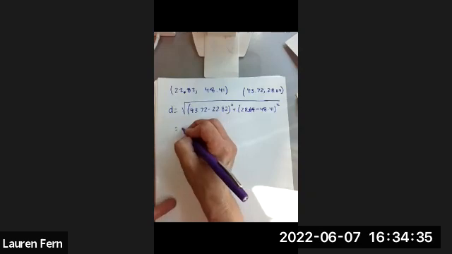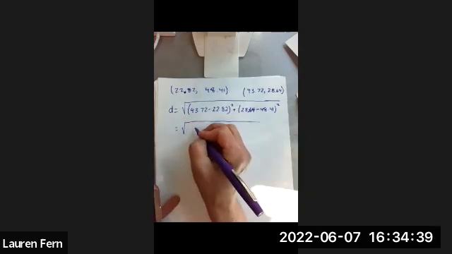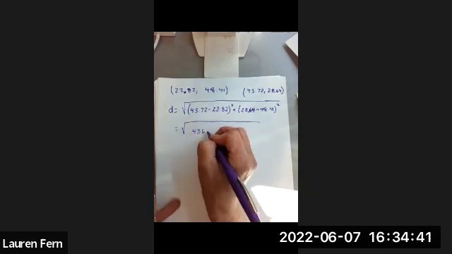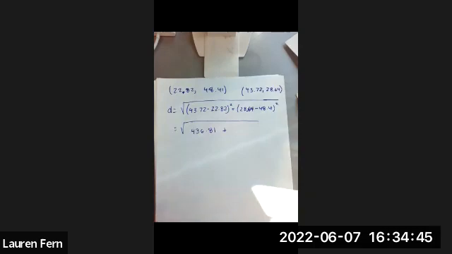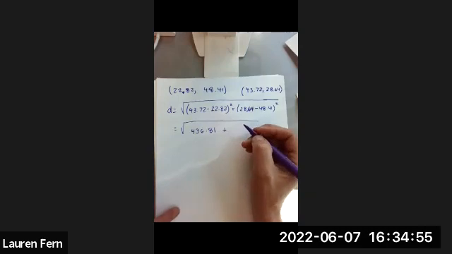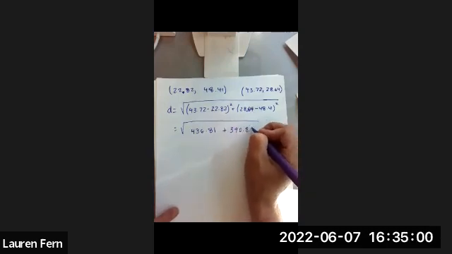So I will do the computations. If I take this first value, I get 436.81. I already subtracted and then squared it. And now I'm going to take 28.64 minus 48.41, and I'll square that. And I got 390.85.